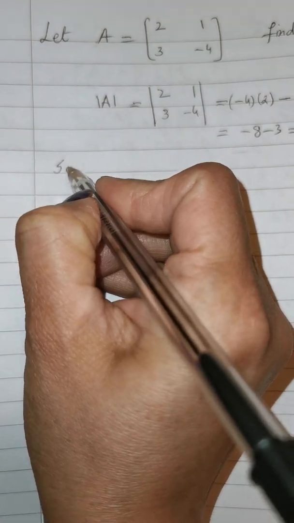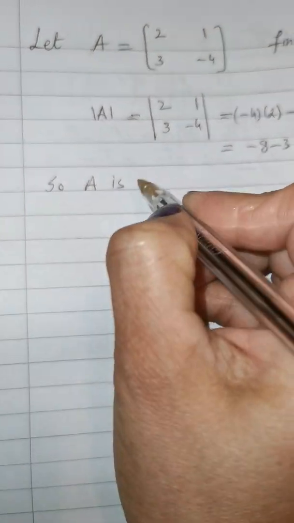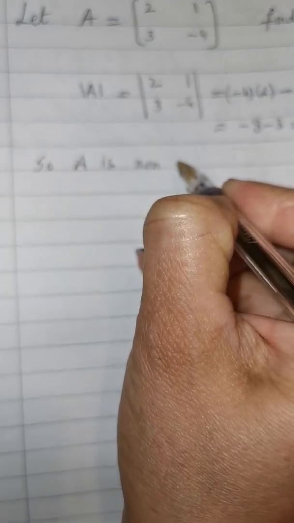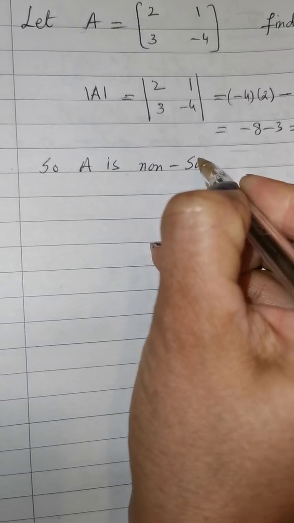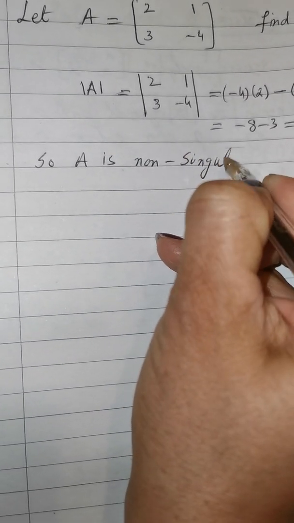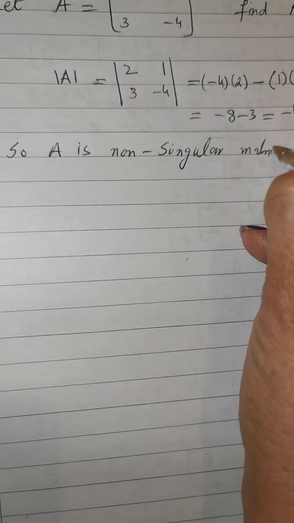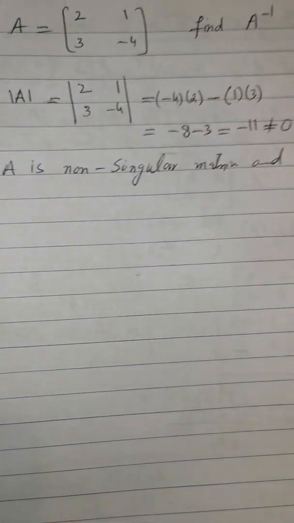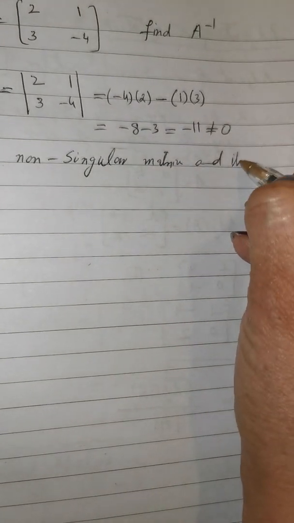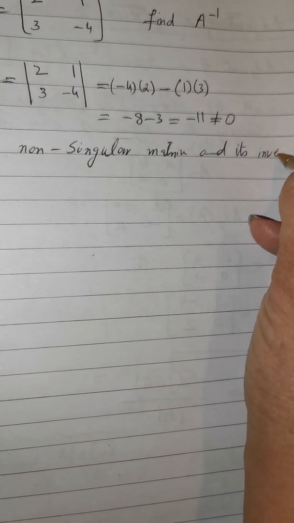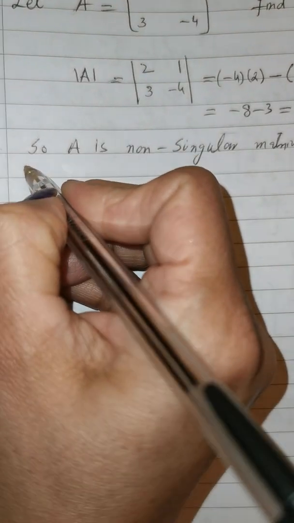So you will write, A is a non-singular matrix and its inverse exists.